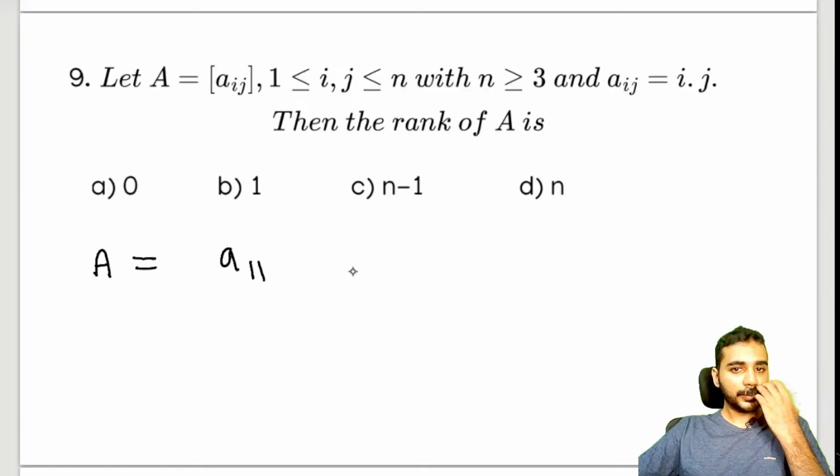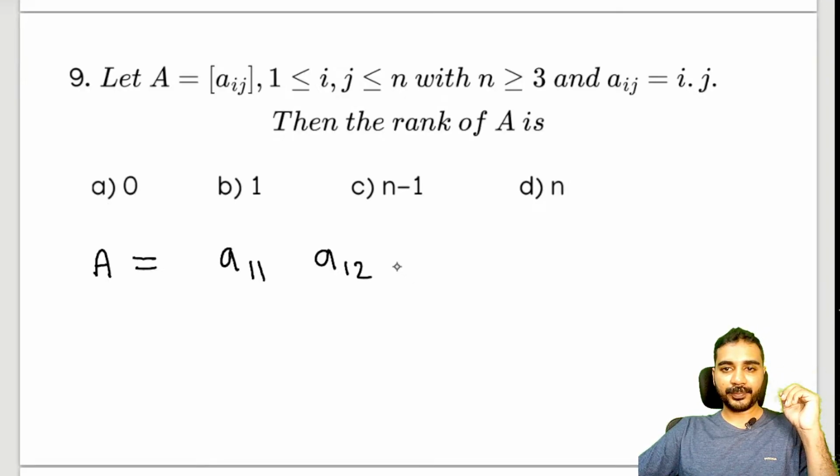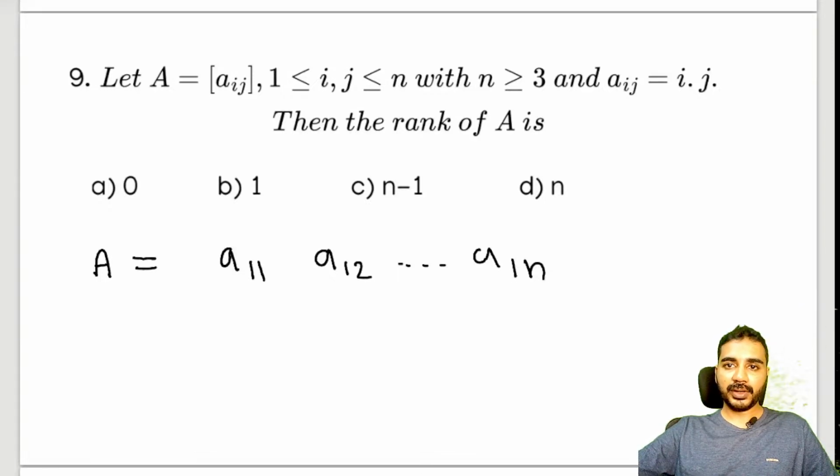A11 is the first element, then A12 is the second element, up to A1n. Why A1n here? Since j is less than or equal to n, we are writing up to n here.